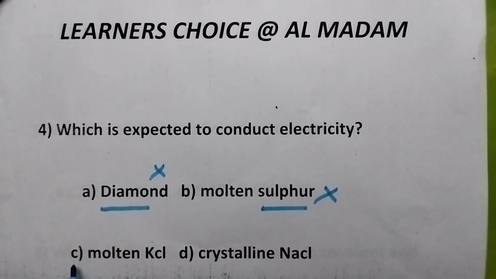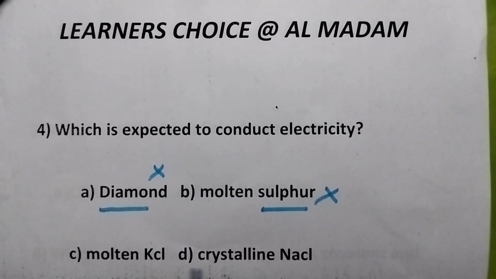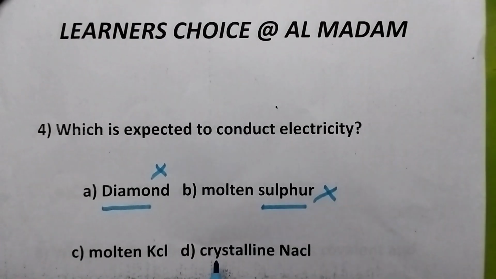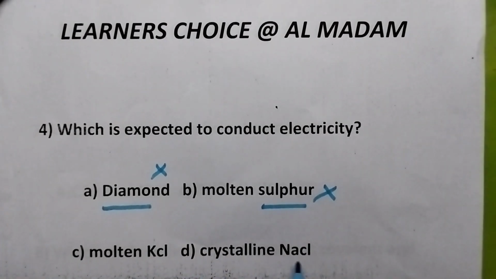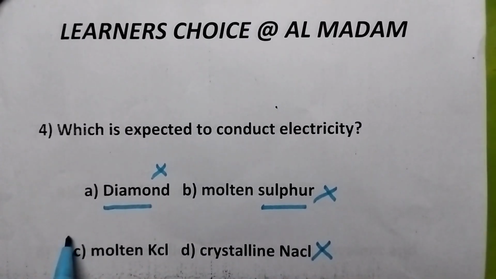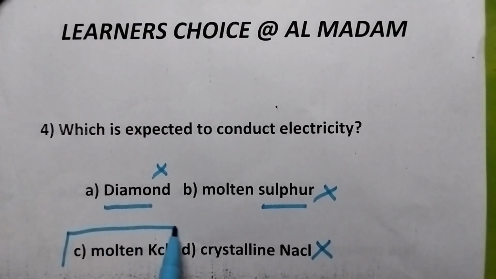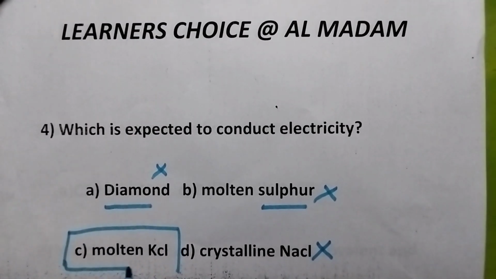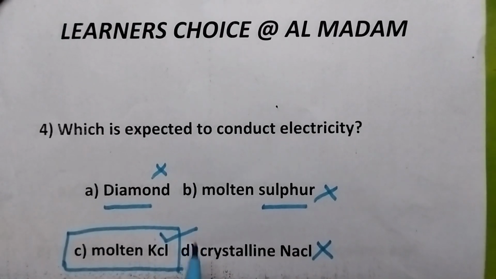Coming to the third and fourth options, they are ionic compounds. Here option D is crystalline NaCl. In the case of ionic compounds in the solid state, they do not conduct electricity due to the absence of free ions, and hence option C, molten potassium chloride, will conduct electricity.